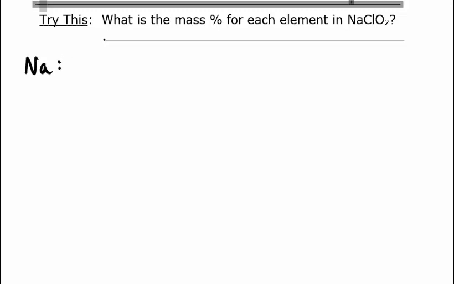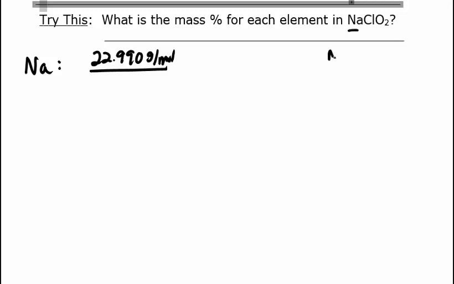For sodium, we're going to use the mass of sodium per formula unit, and there's 1 sodium in there, so just the molar mass of sodium, 22.990 grams per mole. Divide that by the total molar mass for the entire compound. So we need to calculate that.